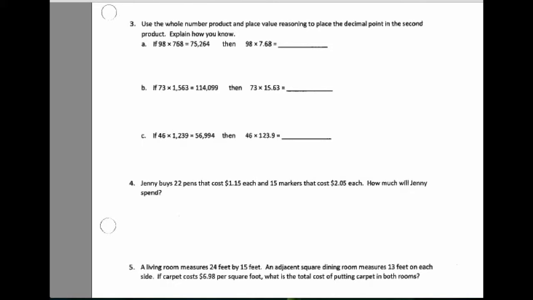First of all, let's write the answer. We know 98 times 768 was 75,264. But it's 7 and 68 hundredths. So now what do I need to do, Alexis? Okay, so you need to put the decimal in there.